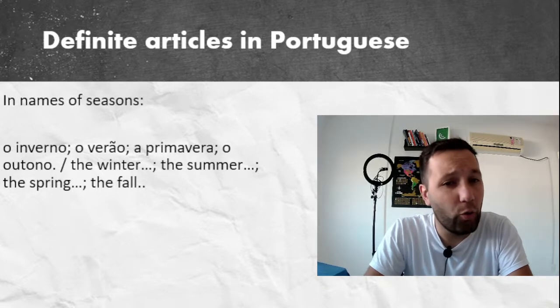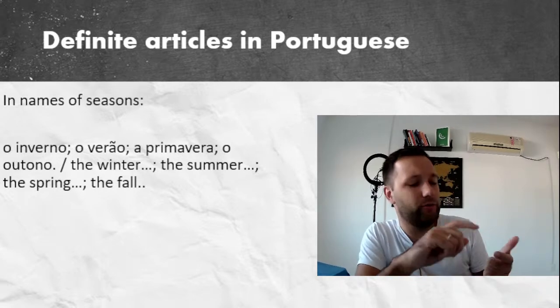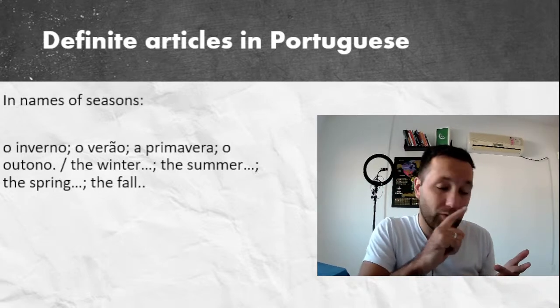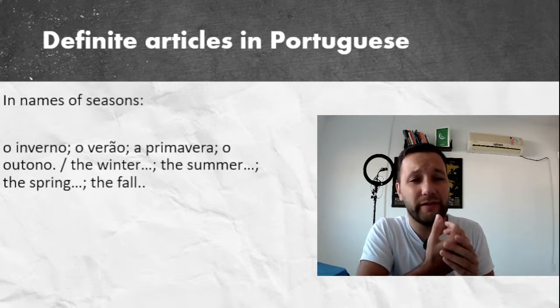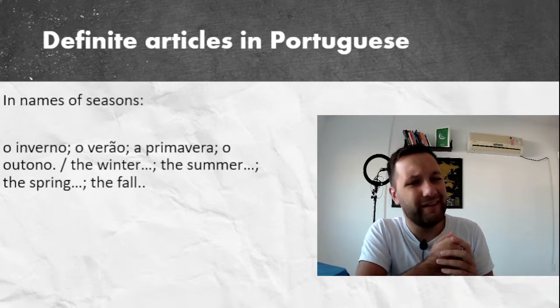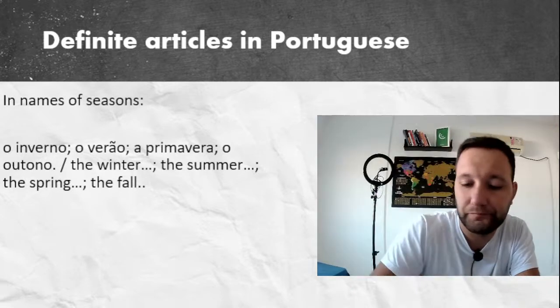We would say o outono, but always we say o verão, a primavera, o inverno, o outono. Always we have to use the definitive articles. Eu gosto do verão. I like the summer, for example.